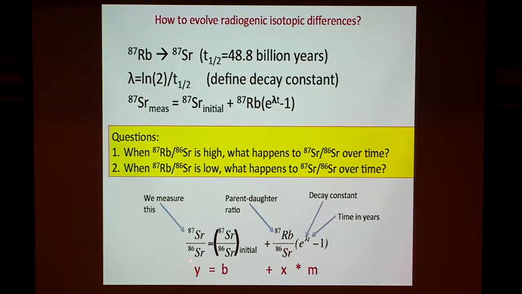Increase this, increase this. When 87 rubidium over 86 strontium is low, strontium 87-86 also increases, but at a slower rate. This doesn't decrease. All right?